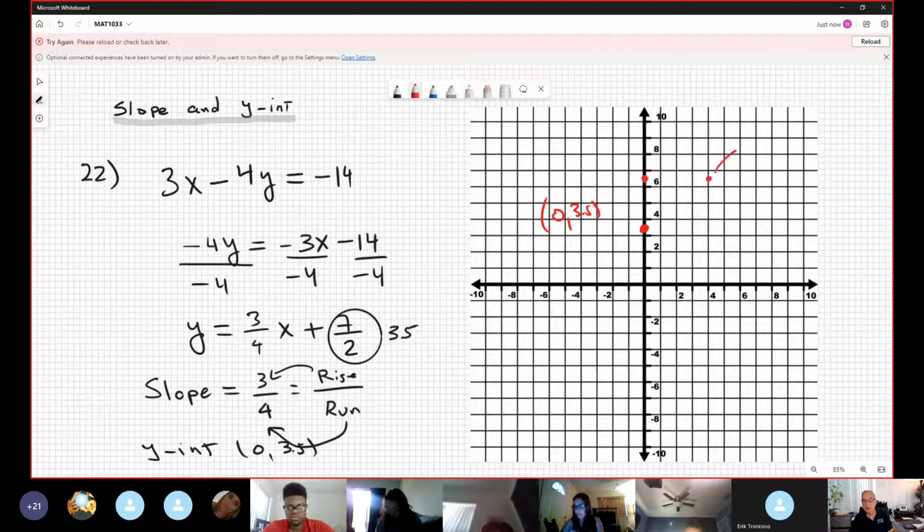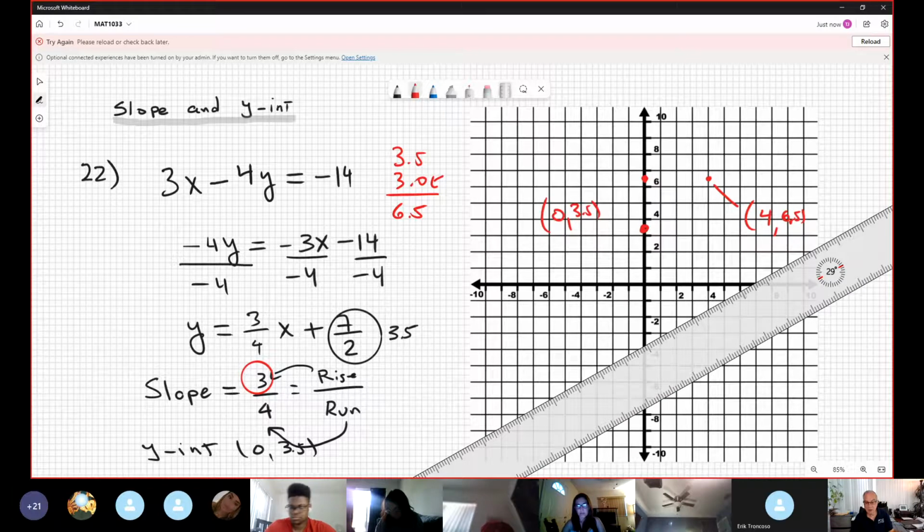That point is the point 4, 6.5. We get 6.5 from 3.5 plus 3, and this 3 is the rise. Okay, ready. Then connect with the ruler. Professor, can you repeat that last part?